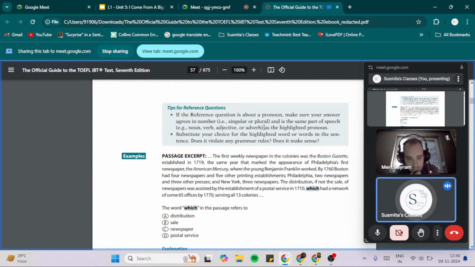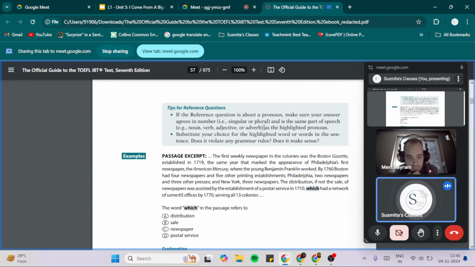The distribution will not have offices because distribution is a process. We are not talking about distribution because it won't have 65 offices. Again, the newspaper will not have offices; the newspaper agencies have offices. Sale is your verb again, an action that you're doing.